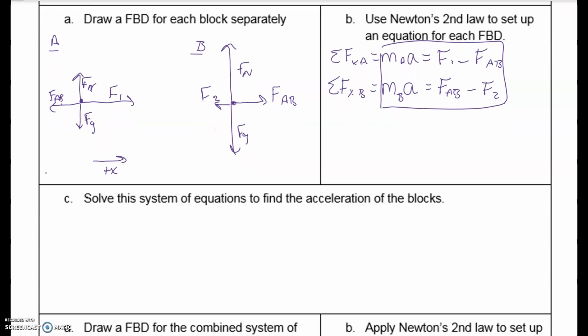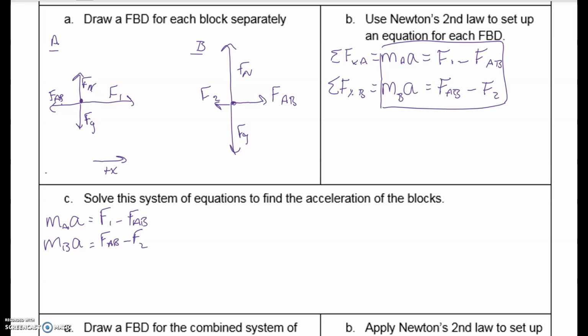Solving this system, I'm going to rewrite it just because that helps me. We have the mass of block A times the acceleration is equal to F1 minus FAB. And the other equation is the mass of block B times acceleration is FAB minus the second force.